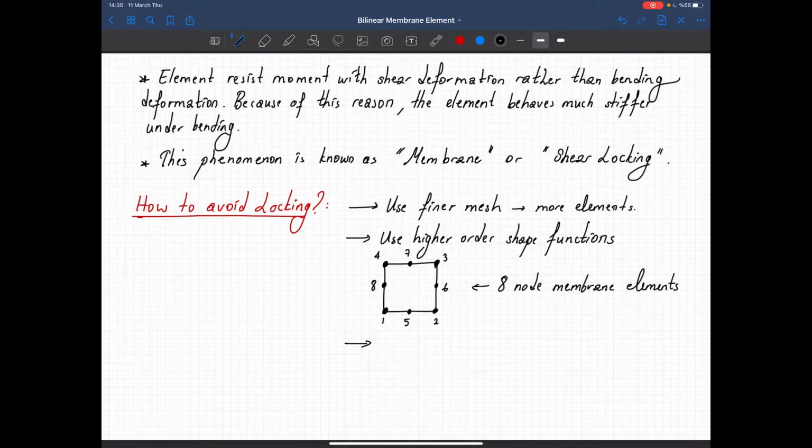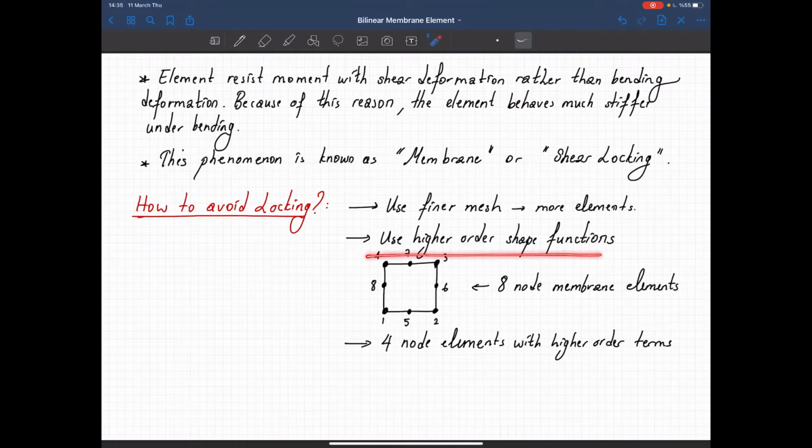So what else can we do? We can have 4 node elements with additional higher order terms. But in the previous case, we said that it's not possible if you have 4 nodes. We will see how we can make it work.